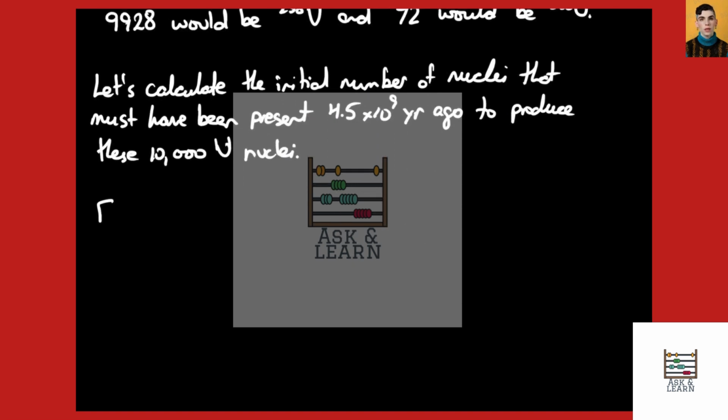So for uranium-238, N over N naught is equal to 0.50.